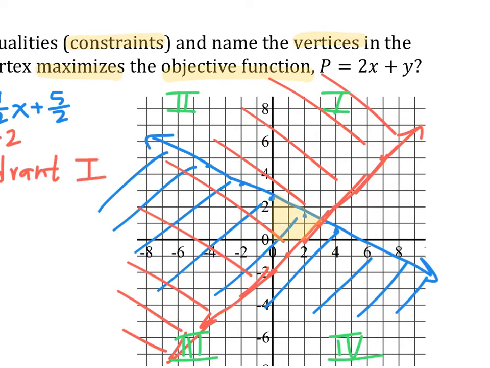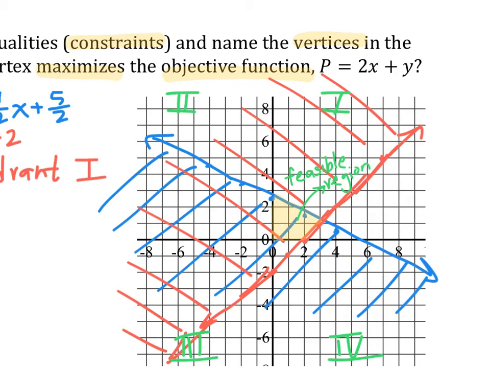Okay, so from here, let's go ahead and explain the new terms that we have not learned before. First of all, this region has a name. This region is called the feasible region. Feasible, if you remember, in English means possible.